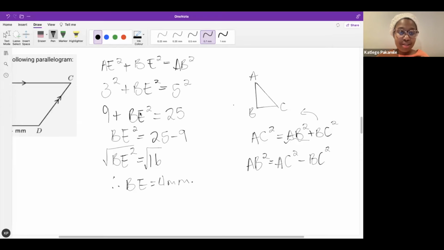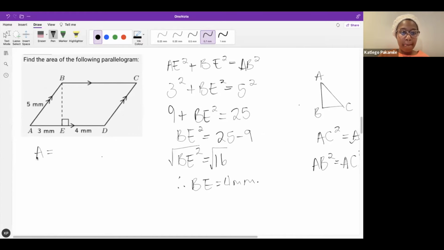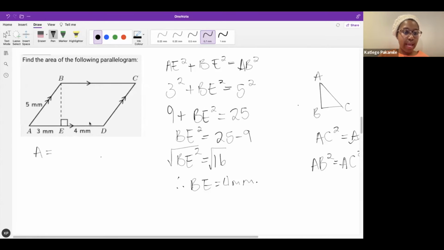To make it easier for us, what I always do is I start with the original formula. So let's go back to our triangle, which was ABE. If we go to the original formula, it says the hypotenuse, in this case AB squared, is equal to the other two sides squared.